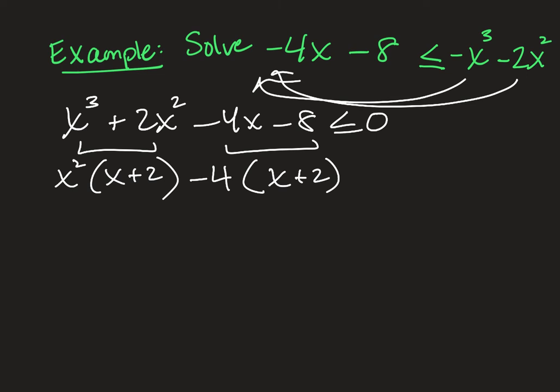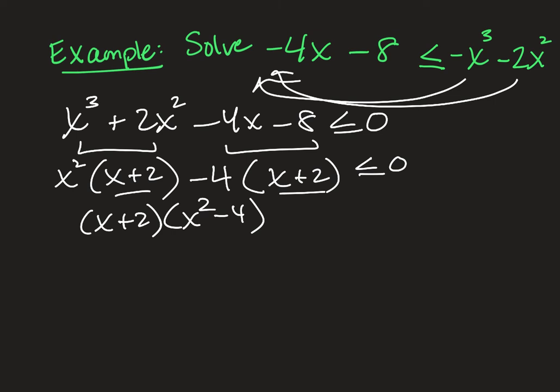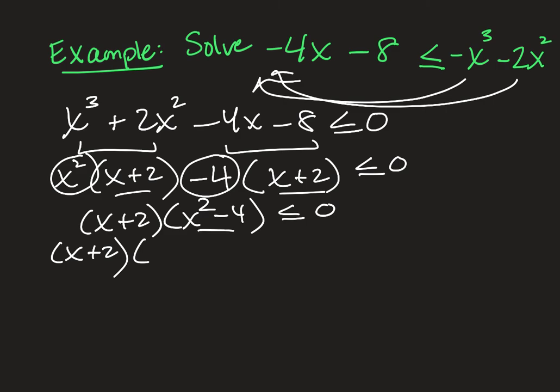That's got to happen if we're going to move forward here with these like terms. So now I'm going to have x plus 2 times x squared minus 4 when I do my grouping. I pulled out the x plus 2, and I was left with the x squared minus 4. I'm going to do one more step of factoring here, because this second one is going to factor into x plus 2, x minus 2, less than or equal to 0.